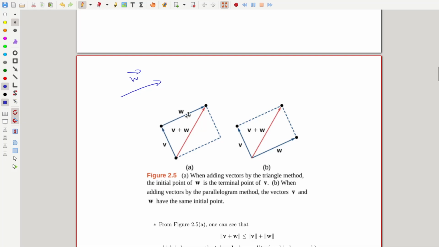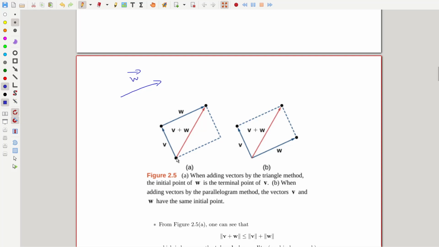Traveling through v and then traveling through w. The net result would then be the addition, the sum of the two vectors. So v plus w is the overall path that is traveled, the overall distance, length, direction, whatever you call it, but it's the overall travel. So you add these two vectors, you get that vector.